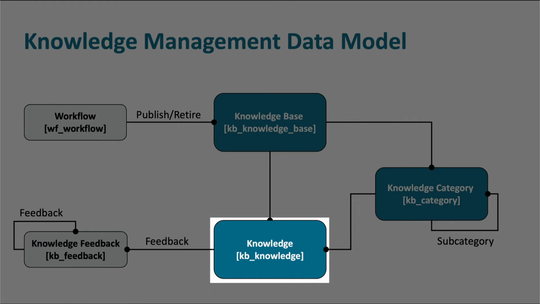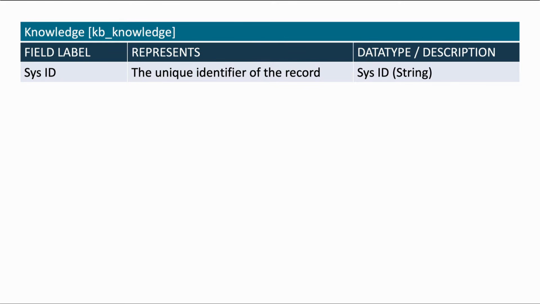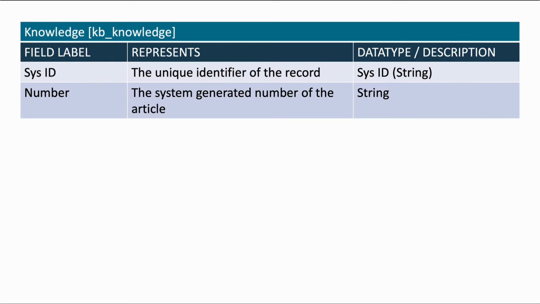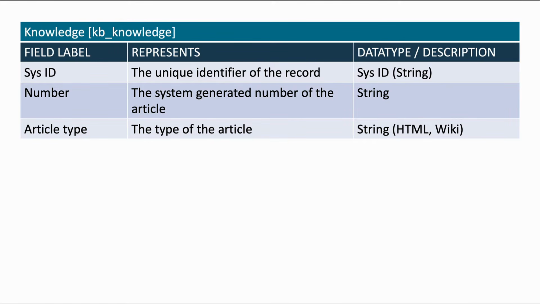If we look at the fields in that table, we can see that it includes fields for the article number, which is a system-generated string that gets displayed kind of as a user-friendly identifier of the article. The article type, that's a string field with valid values of HTML or wiki.